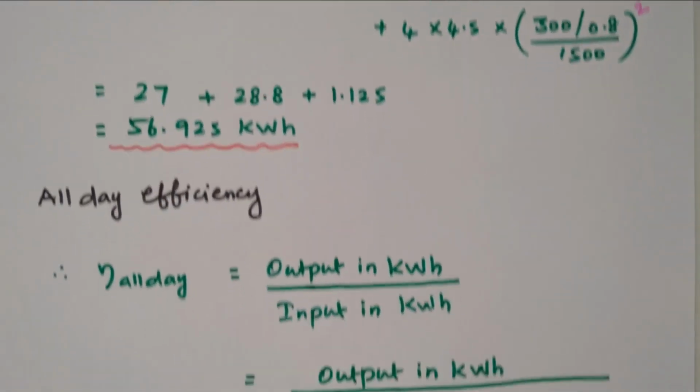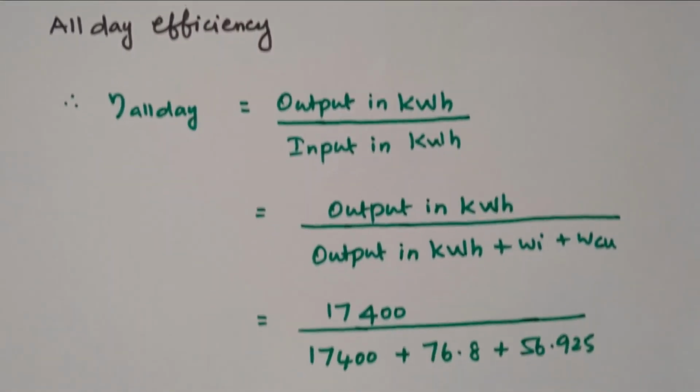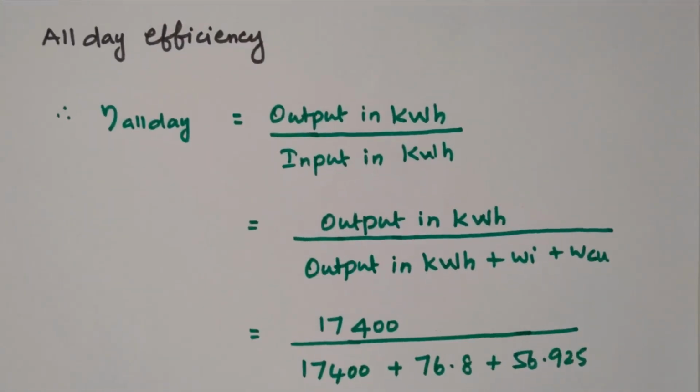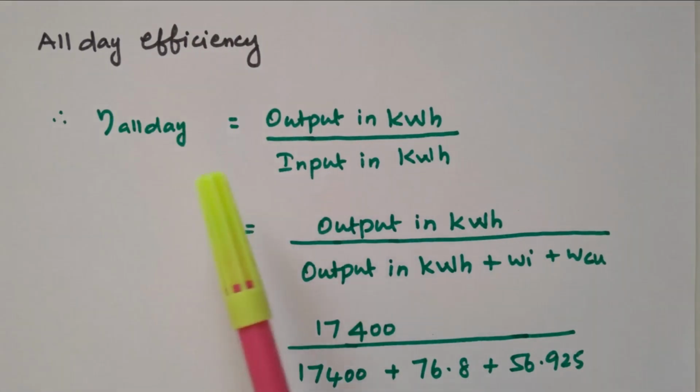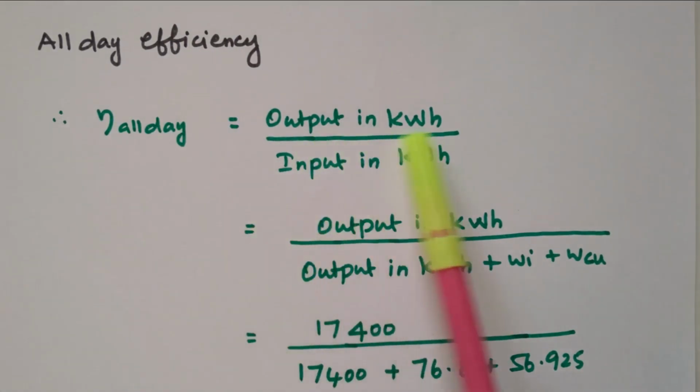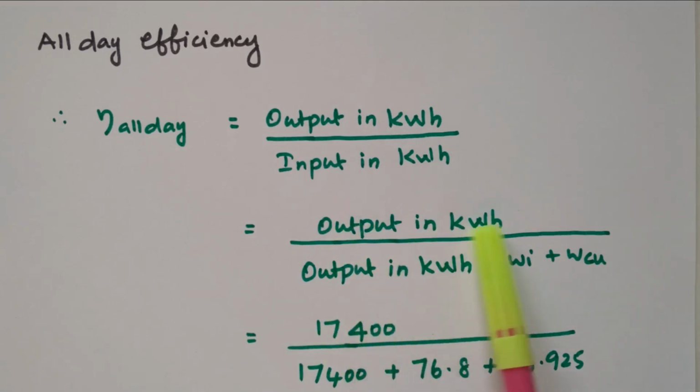Now we have the output power as well as the losses. From that we can find the efficiency. All day efficiency is output in kilowatt hour divided by input in kilowatt hour. Since the input is not available, the input is written as output plus iron loss plus copper loss.